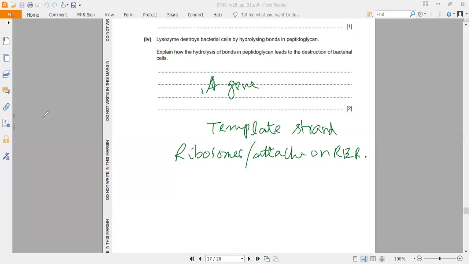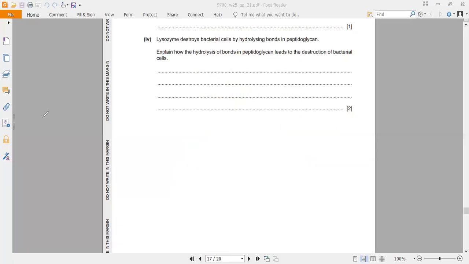Explain how the hydrolysis of bonds in peptidoglycan leads to the destruction of bacterial cells. Lysozyme plays a very important role here. Peptidoglycan provides structural integrity and mechanical strength to the bacterial cell wall.